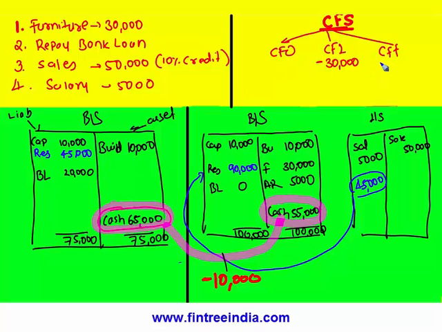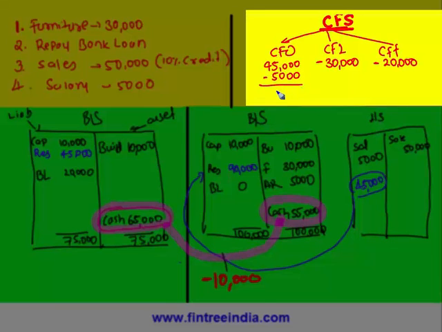CFF, financing activity. So minus 20,000 here. Sales 50. Should I write sales entire 50 in CFO? No, the cash that we received is 45. So we will write 45,000 here. And salary 5,000. It should be a part of CFO, but an outflow. So minus 5,000. Let's take a total.